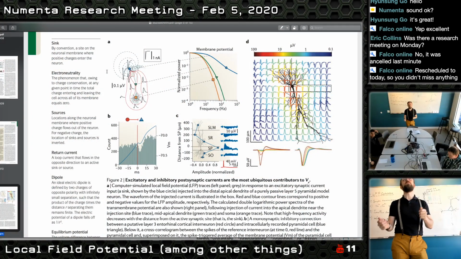So the amplitude closer to the soma is actually the other way around. This is not to be confused with the fact that this is still an excitatory current. If you were to record the intracellular membrane potential, an excitation at a synapse will have a positive effect throughout the cell internally, but the field effect is different because you have an extracellular ionic flux.